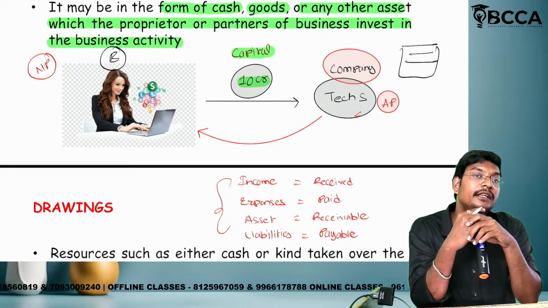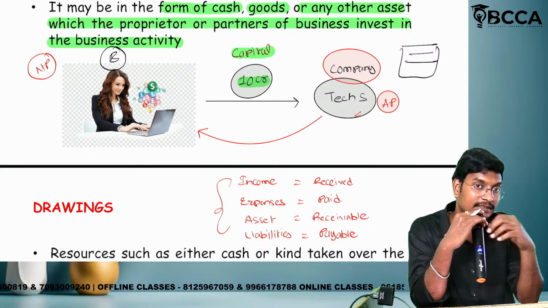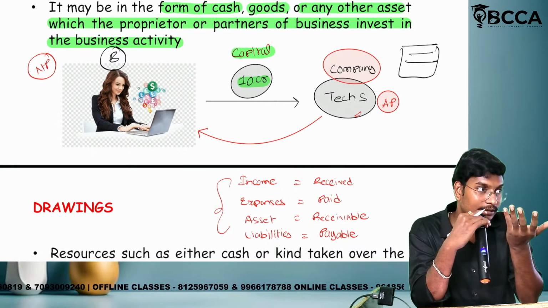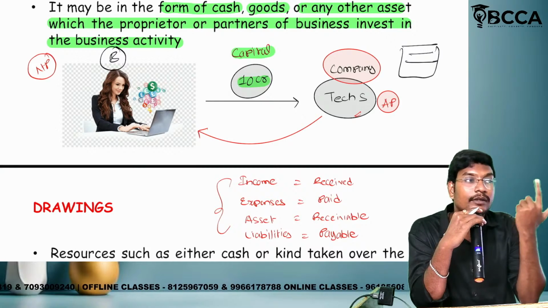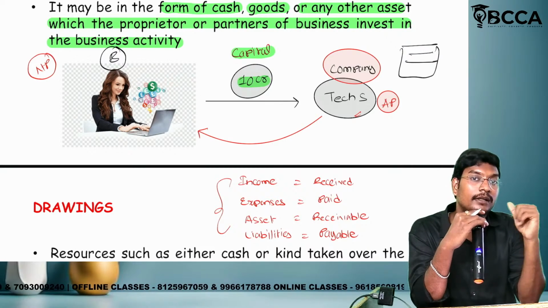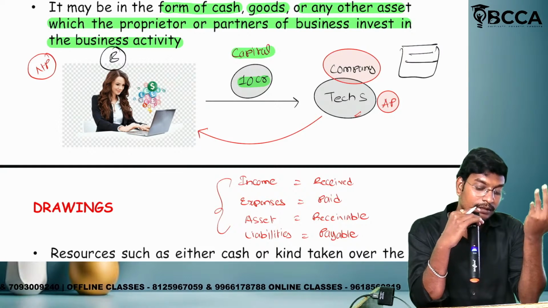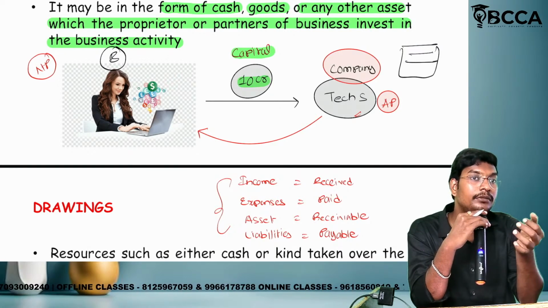But in the meanwhile, to sustain her life, she needs money. The profit we will calculate only at the end of the year, but in the meanwhile we need money to live our life.